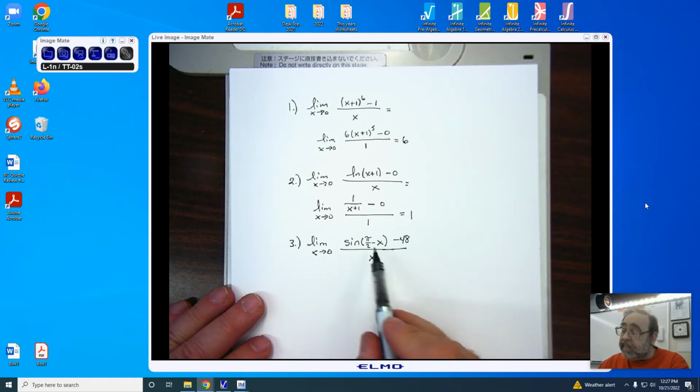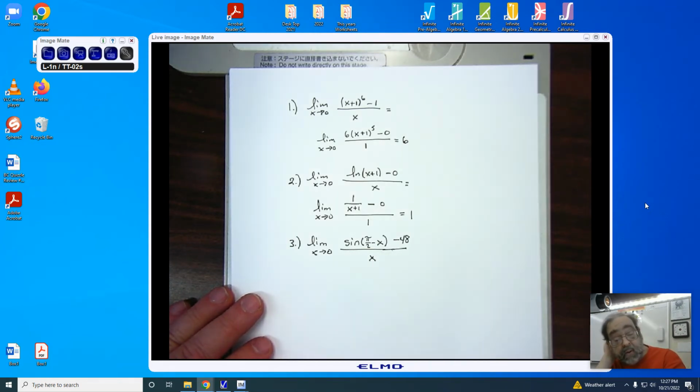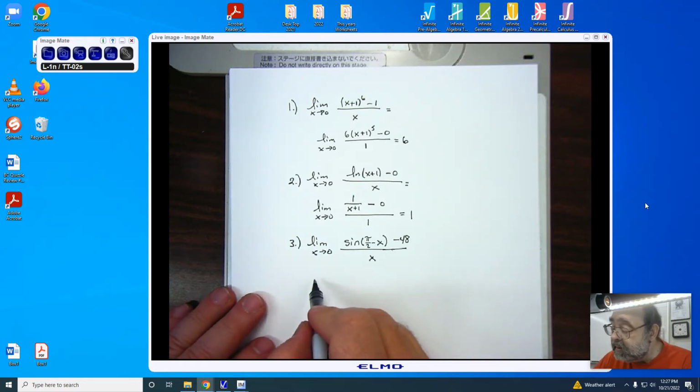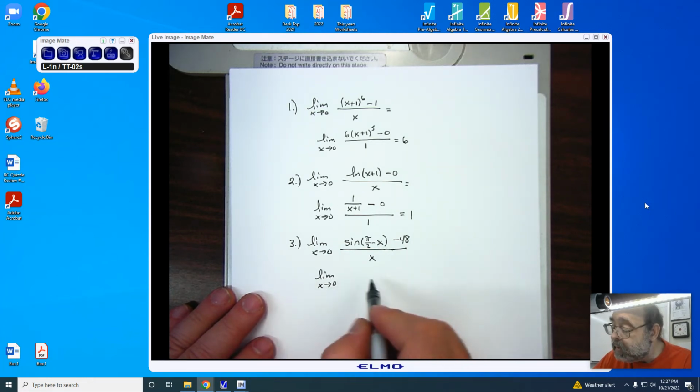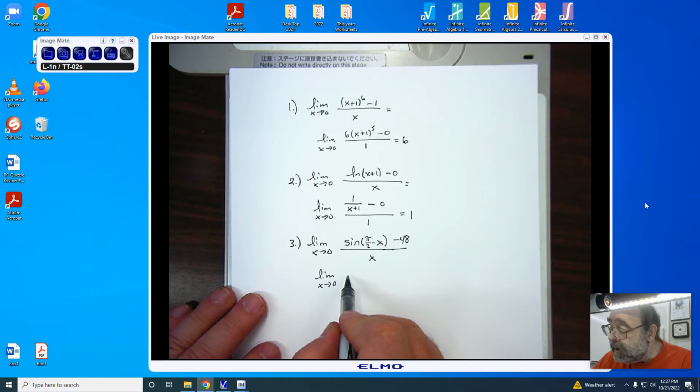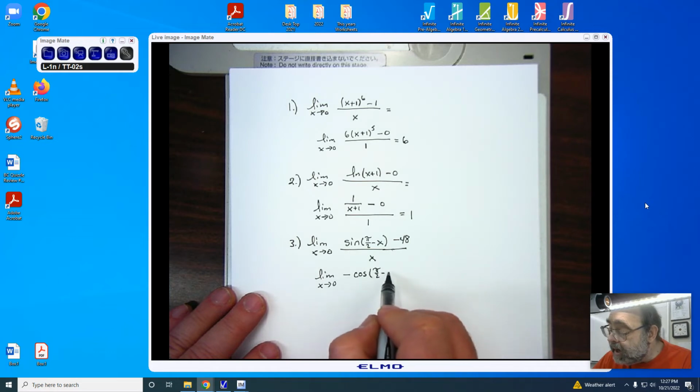We now have a minus x here, so we just have to be careful because our derivative there is going to be a negative. So we might forget that or miss it. So let's go ahead and take our limit as x approaches 0. We're going to have the negative cosine of (pi over 2 minus x) minus 0 divided by 1.